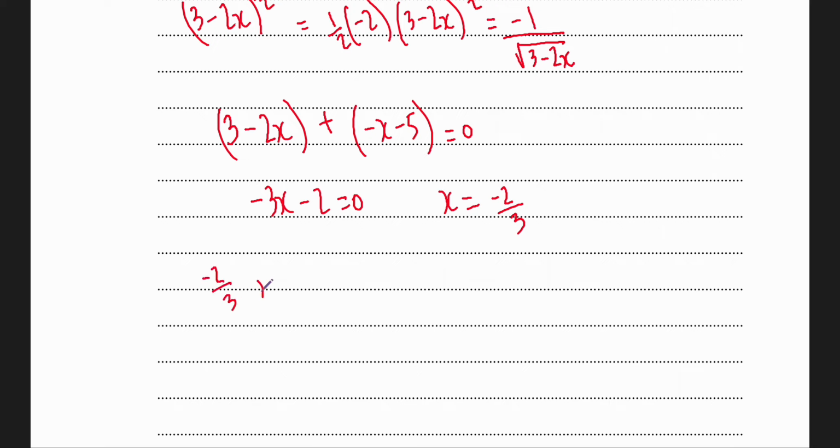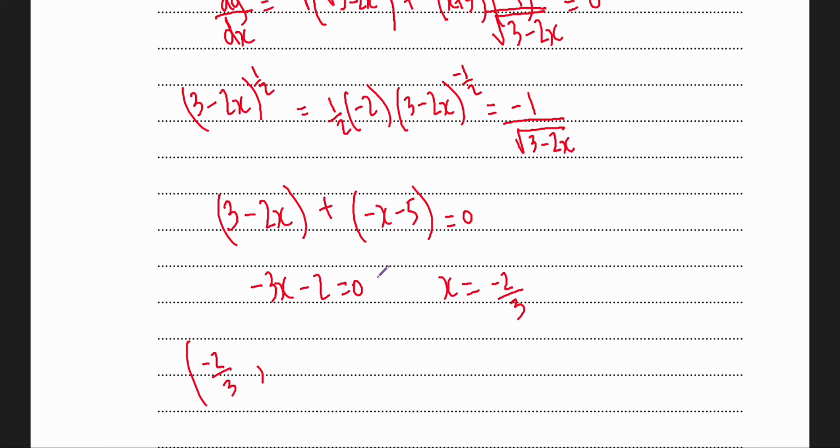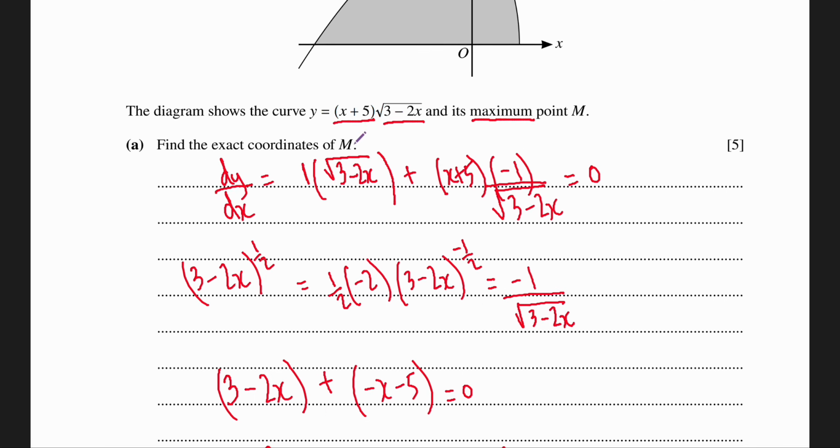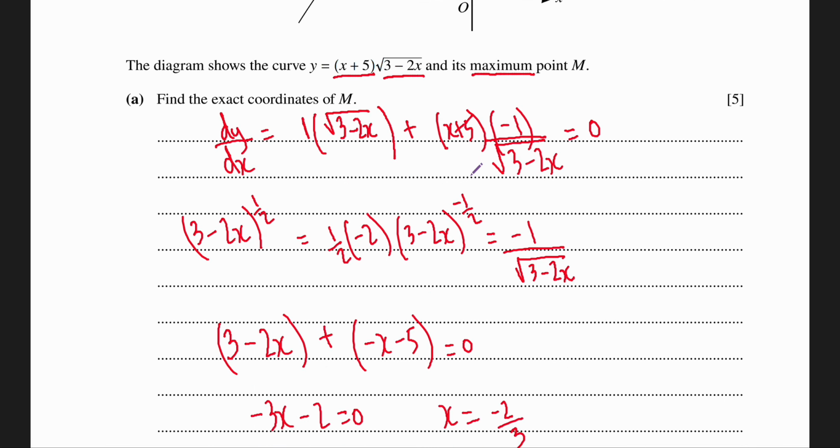Now what is y equal to? Because you need the coordinates. Well, it says it wants the exact coordinates, so we just put it back into the function how it is. So you have negative 2 over 3 plus 5 times the square root of 3 minus 2 times minus 2 over 3. So that becomes 3 plus 4 over 3. So that is, what is minus 2 over 3 plus 5? That becomes 13 over 3.